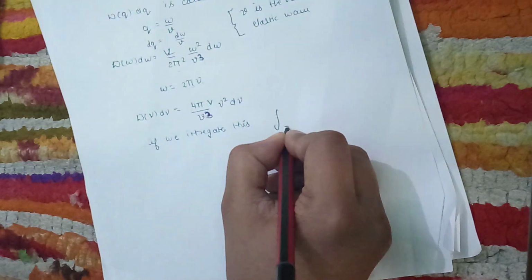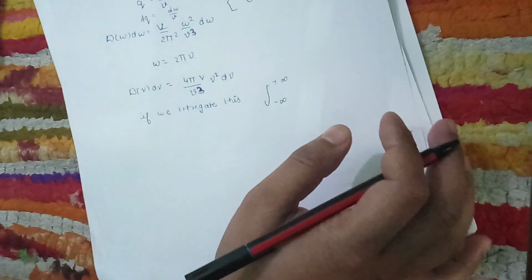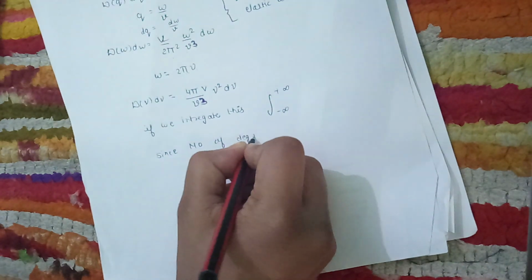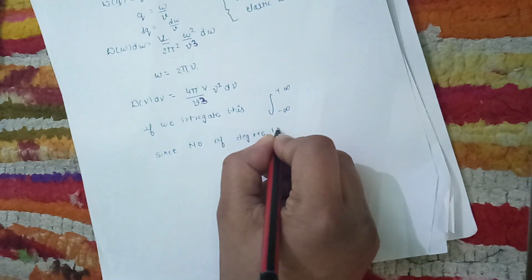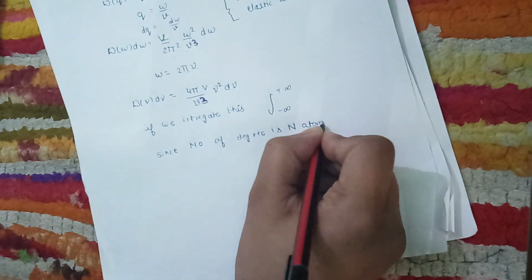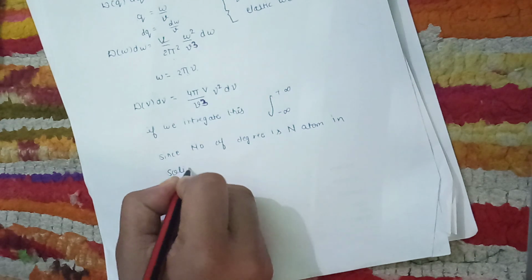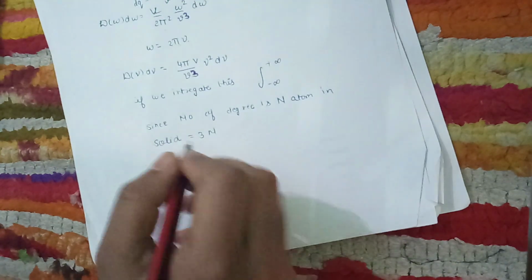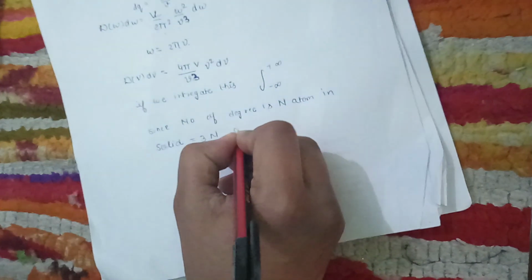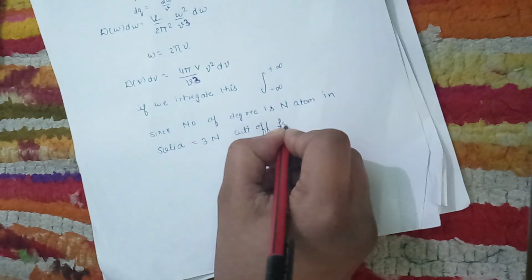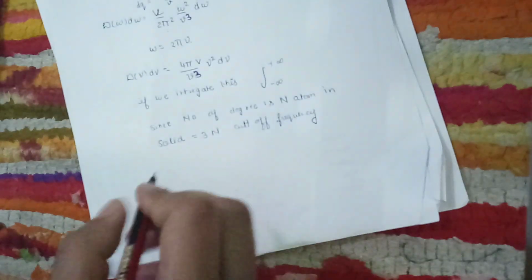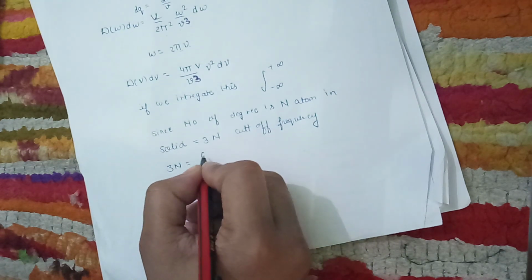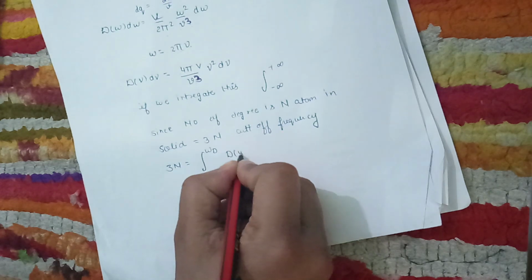Now if we integrate this from the limit 0 to omega D, since the number of degrees of freedom for N atoms in the solid is equal to 3N. Cutoff frequency, that means 3N is equal to the integration from 0 to omega D of g(omega) d omega.